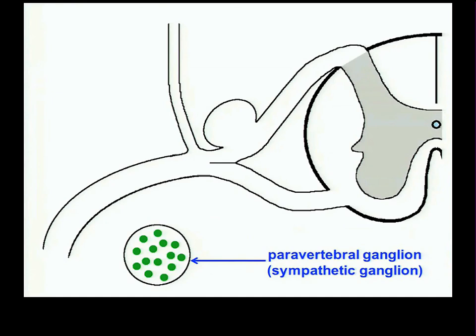But there are only two things going to the body wall, right? The only two things that go to the body wall in any segment level is a ventral ramus and a dorsal ramus. Nothing else gets out there. So if you're going to innervate something in the body wall, you better find a way of getting into the dorsal ramus or the ventral ramus, or you're never going to get there.